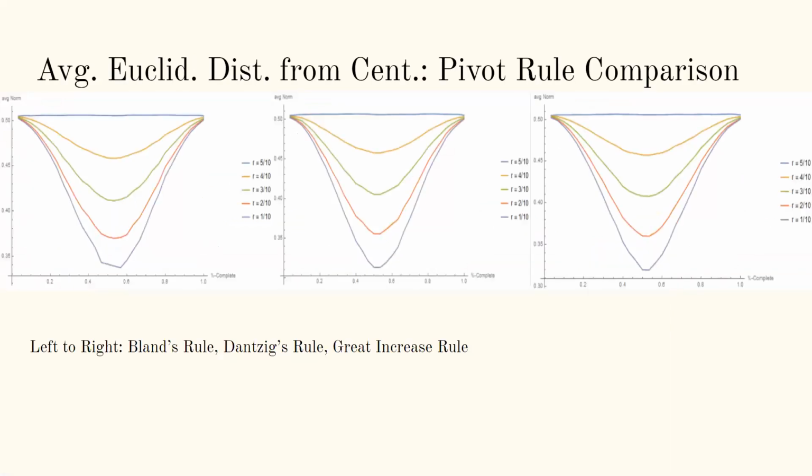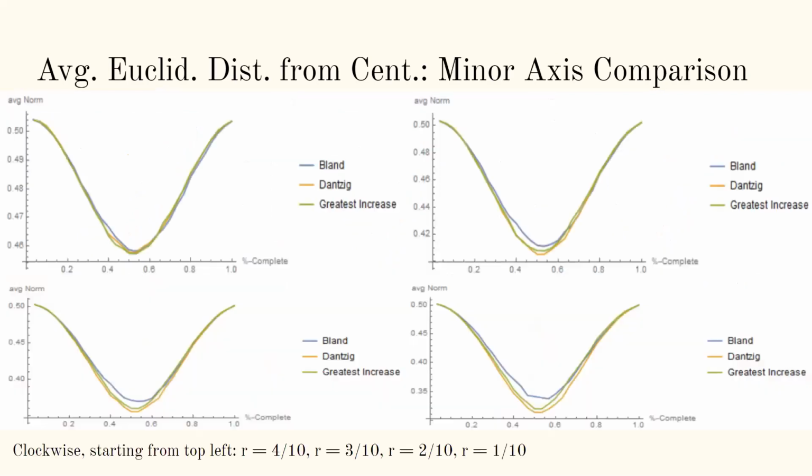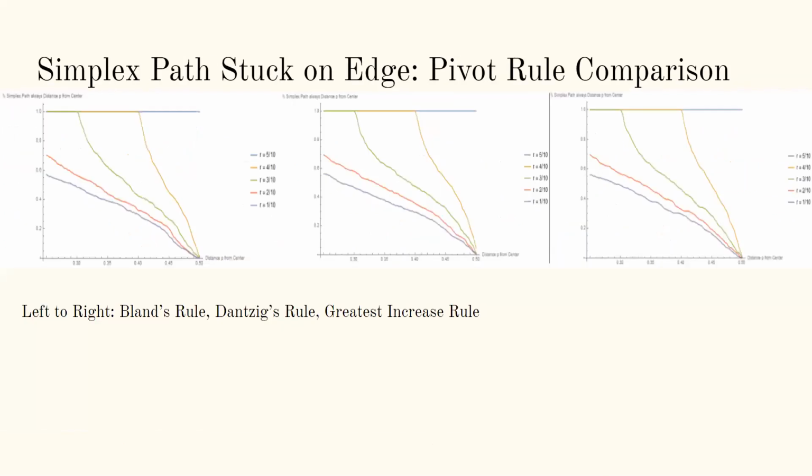On to average Euclidean distance from the center, we see that for all pivot rules, as the minor axis decreases in size, you're more likely to be walking across the face or near the center than walking across the rim. However, when you compare them by minor axes, Bland's rule, for a smaller minor axis, will be farther from the center than the other two pivot rules.